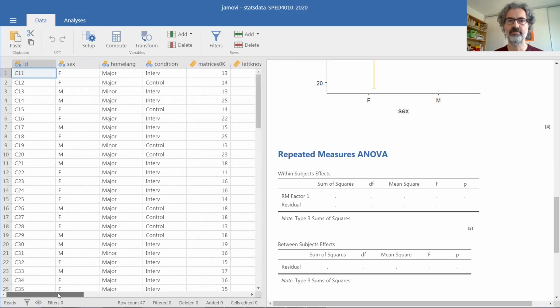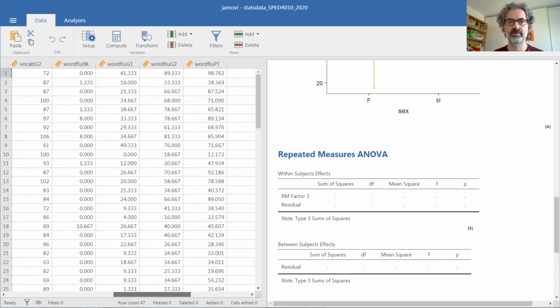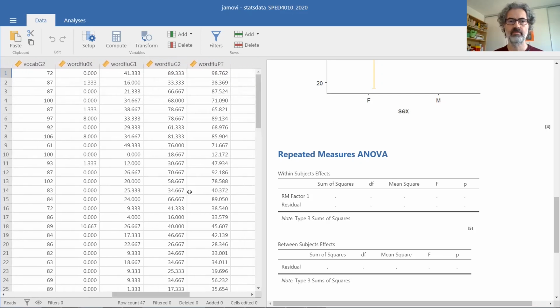This time, going for the repeated measures, we have the same children receiving the same test twice, before and after the intervention. So although the condition variable is between children, so it's a variable in its own right, the other independent variable, which is time, which is before and after intervention, is not a variable.